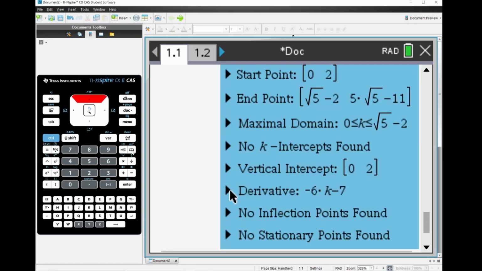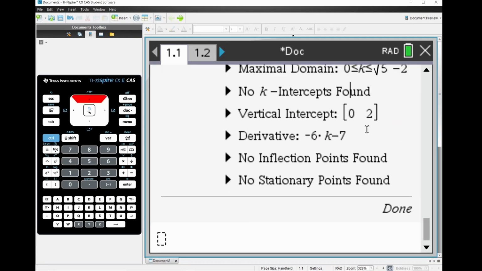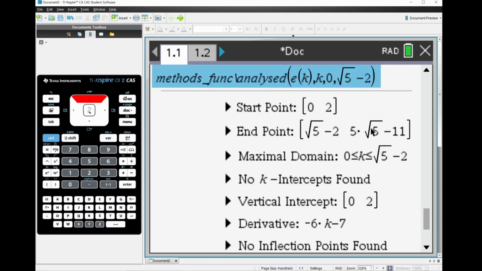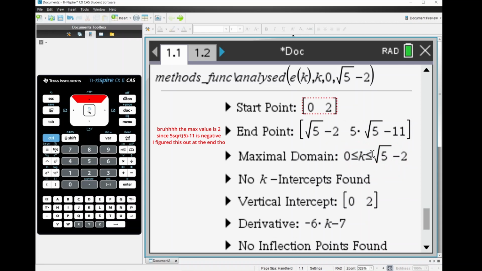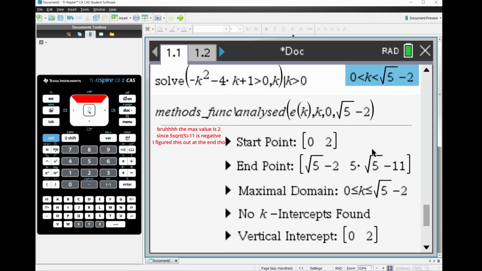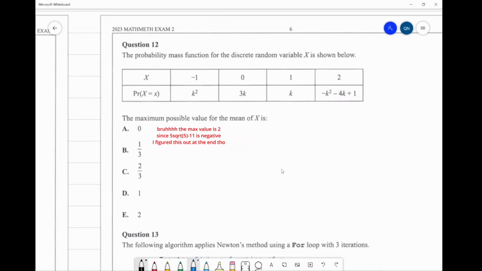So no stationary points found, but the start and the end points must be the extremal values. So we have, that's no good. So we have root 5, maximum possible for the mean value of x.